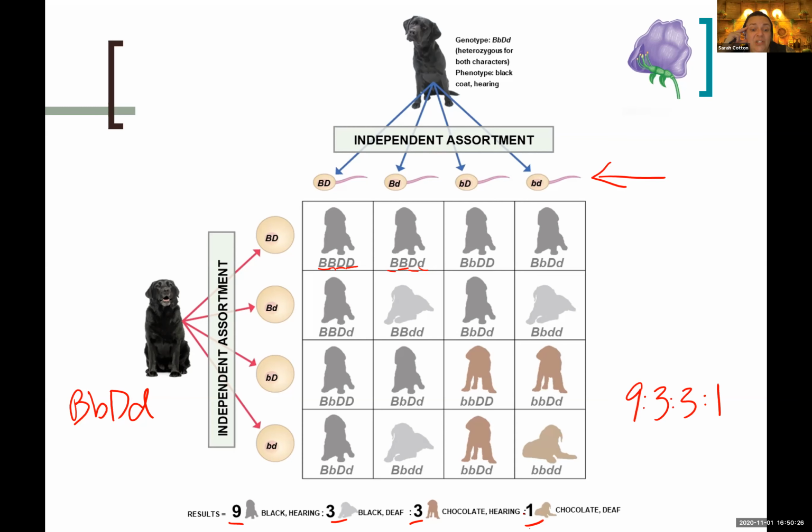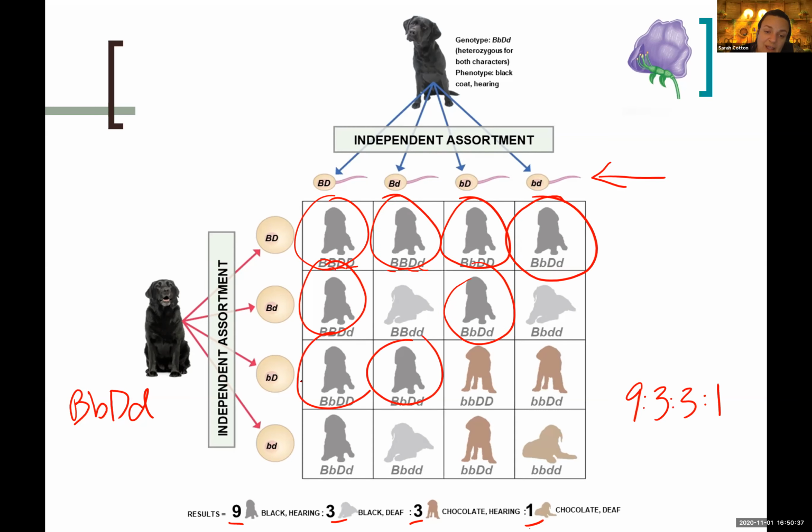All right, well, there are 9 dogs that have a black coat and they can hear you when you yell at them. 1, 2, 3, 4, 5, 6, 7, 8, 9. And you're going to want to go through each one and check. Yes, he's black because he's got a big B. Hearing because he's got a big D. There's 9 of those.